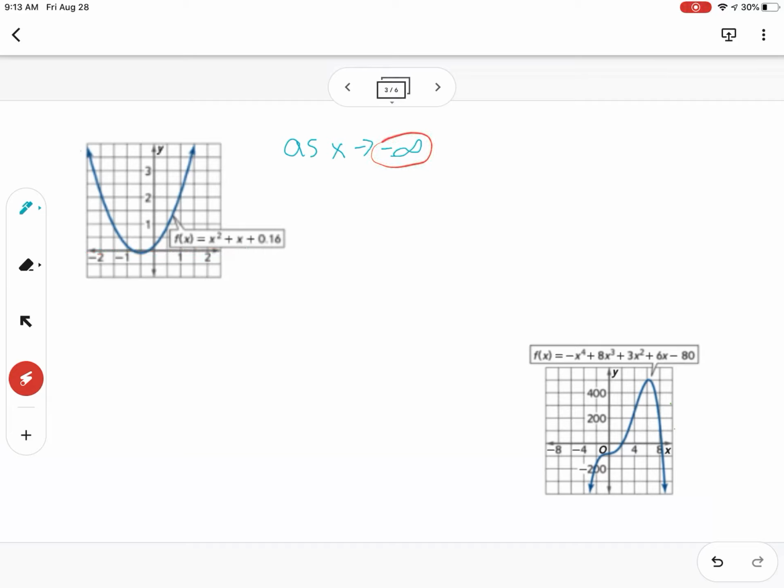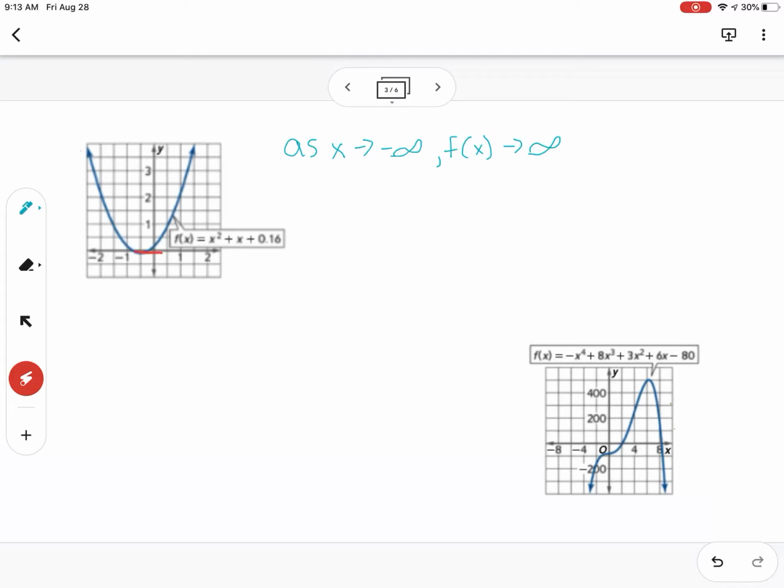Negative infinity means it's going negative forever. So as x is going this way, what's the graph doing? As we go this way, we notice the graph is going up. Since the graph is going up and it's got an arrow, which means it goes up forever, we say that the function approaches positive infinity.